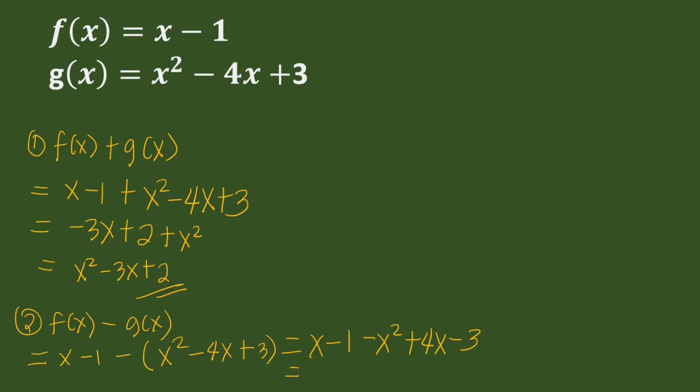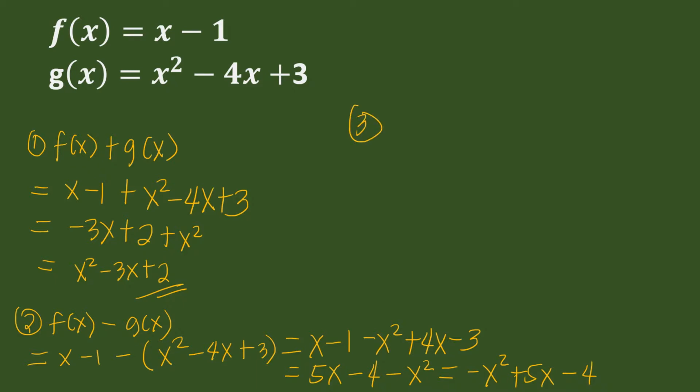Combine similar terms. We will have x and 4x, so that will be positive 5x, negative 1 and negative 3, we will have negative 4, and we will have minus x squared. You can rearrange this one, so we will have negative x squared plus 5x minus 4. You may also consider the sign. Okay, we go to number 3.